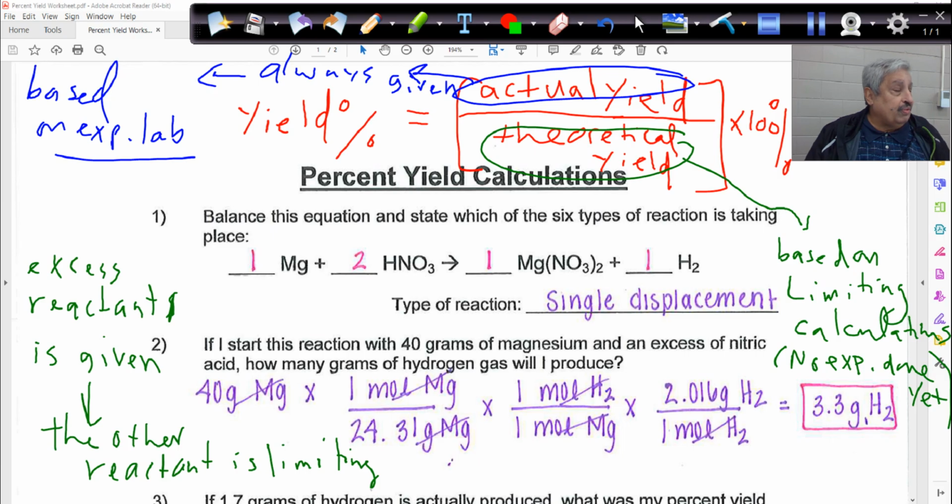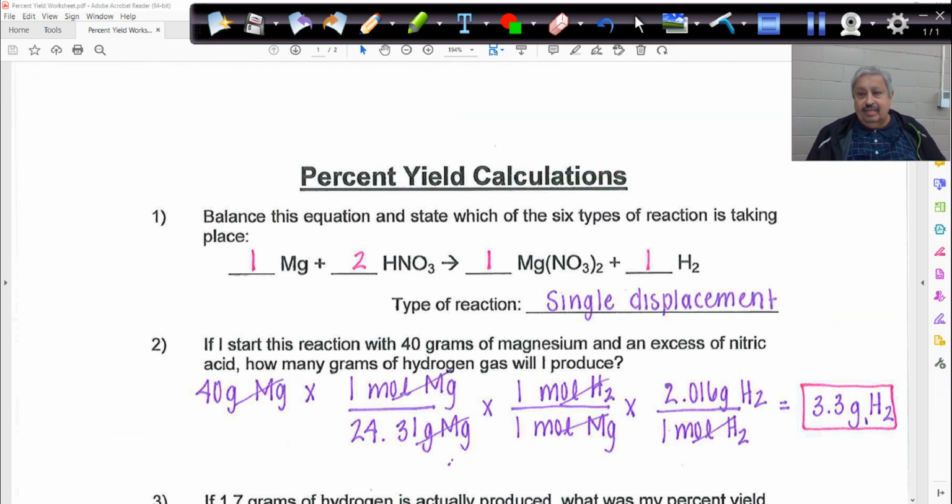They will give you one reactant in excess, so you have to figure out the second reactant is what will be limiting. So let's look at this example, guys, and we'll do it step by step, all of us here. We have magnesium reacting with nitric acid to give us magnesium nitrate plus hydrogen.